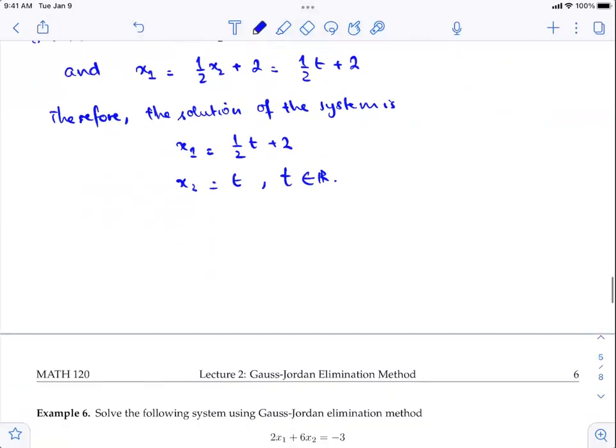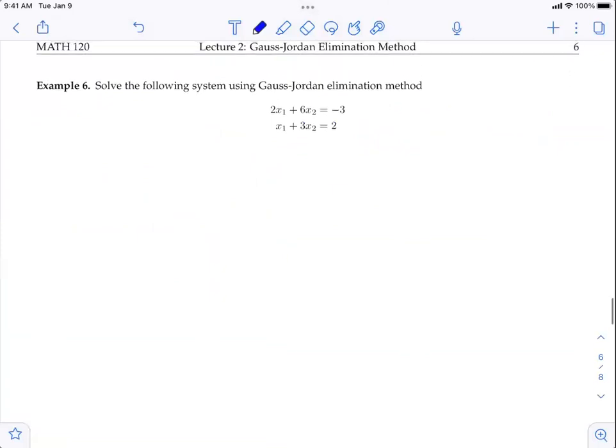Now for the last example, in this Gauss-Jordan elimination method, we have the system of the form 2x1 plus 6x2 equal to -3, and x1 plus 3x2 equal to 2.